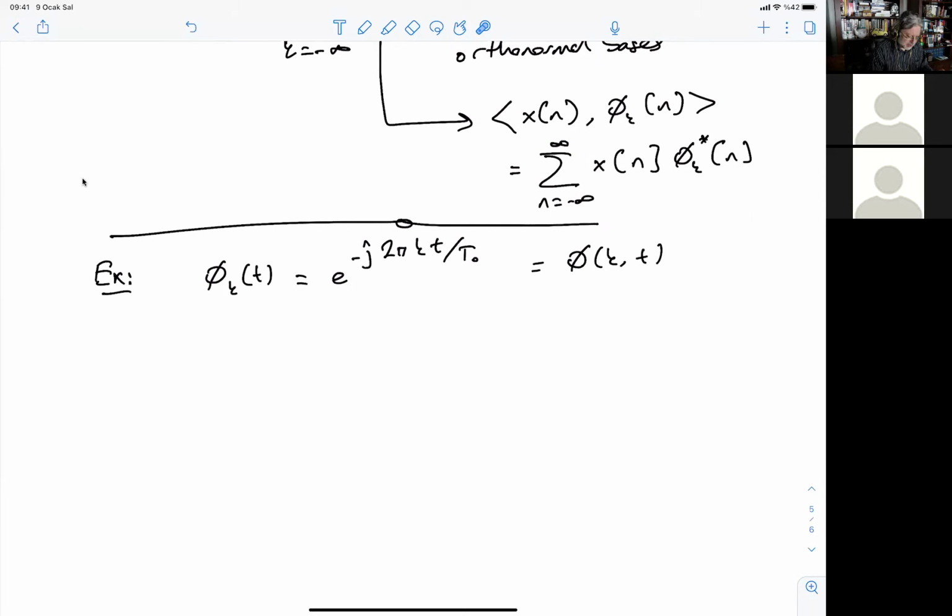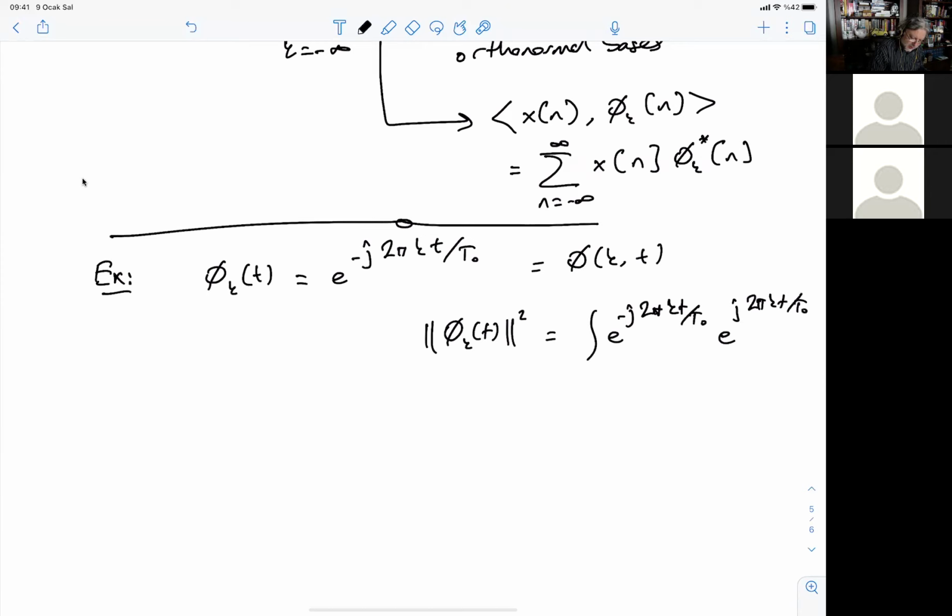By the way, the norm that we will be talking about will be something like this. So the norm of this, let me put it in square terms. After that, you may take the square root of it. It will give you the integral of this, e to the minus j 2 pi kt over T0, times its conjugate, which makes e to the j 2 pi kt over T0, dt.